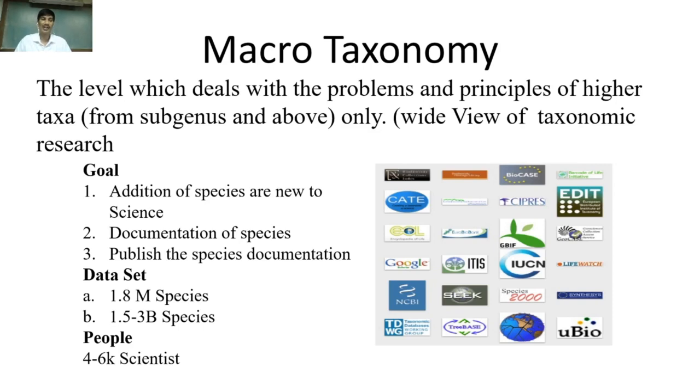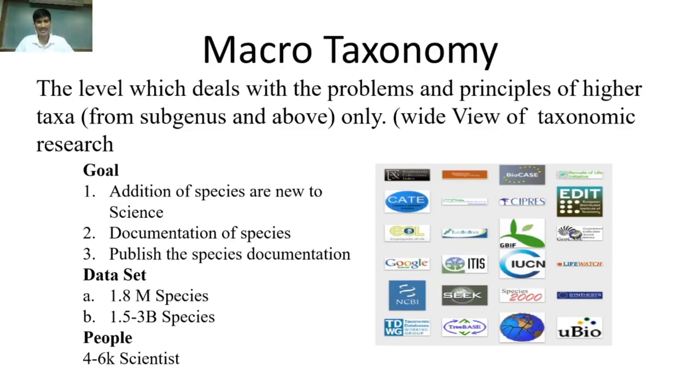These scientists also work on the documentation of species. For example, how many different types of species are found in our college campus? That is one documentation. Or what are the different animal species in the Nashik district? This is a big view. Then they publish the species documentation. This is the main goal of the macrotaxonomist.